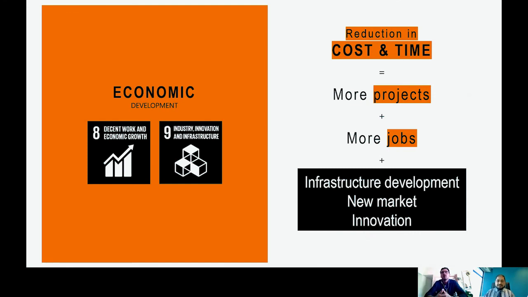And this will allow us to deliver on the critical infrastructure that we need. So we'll be developing our infrastructure. We'll also be creating a new market. This is something I want to reiterate and place some emphasis on. A lot of people are apprehensive about us digitizing the construction process.